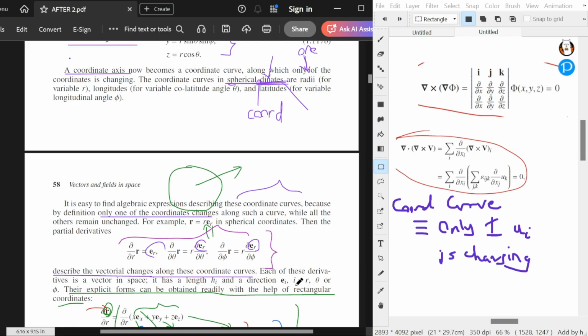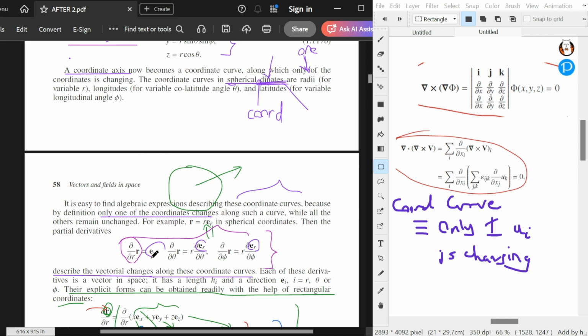I see myself understanding this even more than yesterday already. Coordinate curves, partials, is just a change in one thing, right? So a coordinate curve is just change in one thing, in one direction.